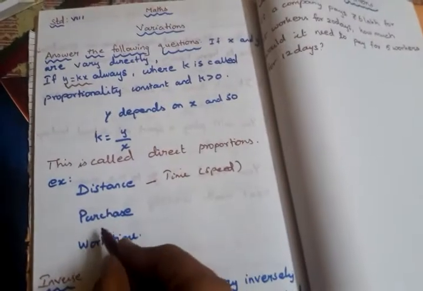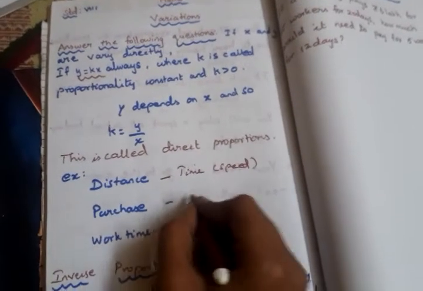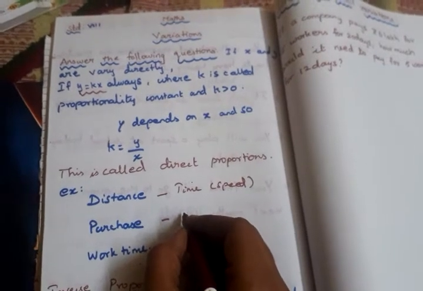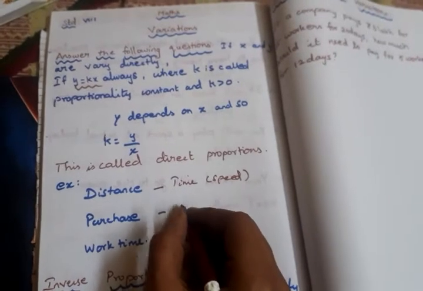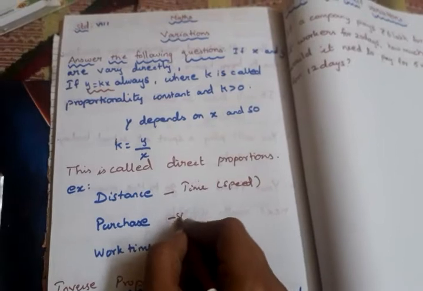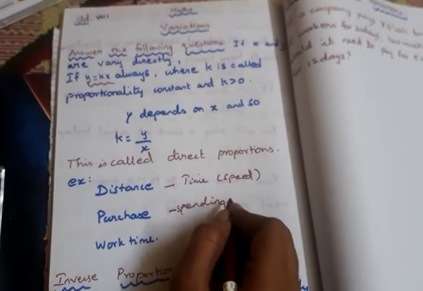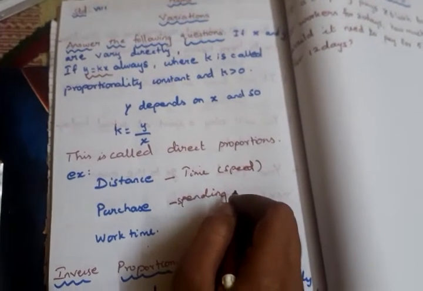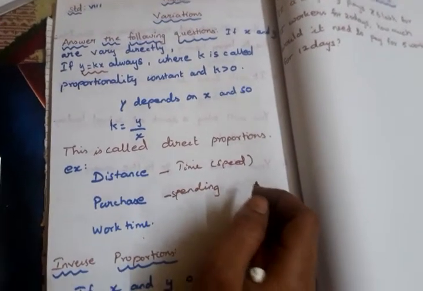Then another example, purchase. Purchase means spending. If anyone buys something at a shop, for example an apple, that is a purchase. If the purchases and utilities for a family during the festival time increase, then the spending limit also increases, and vice versa.